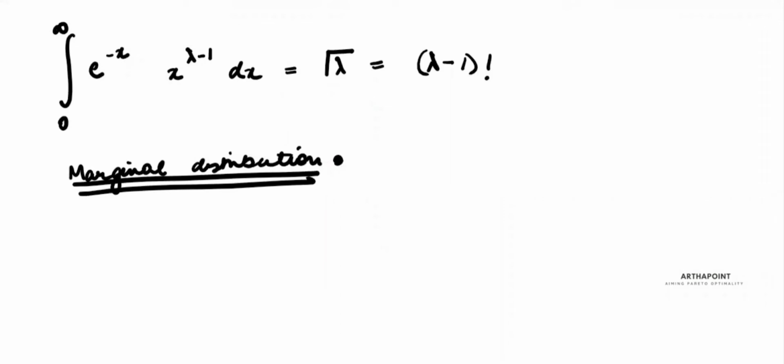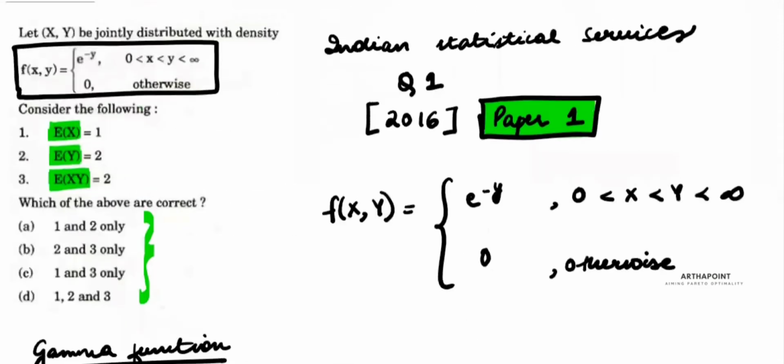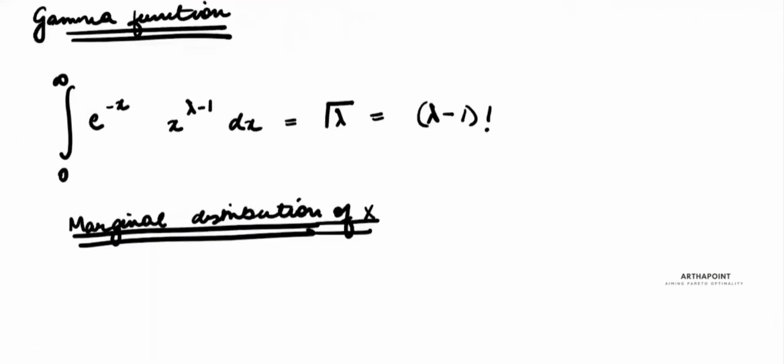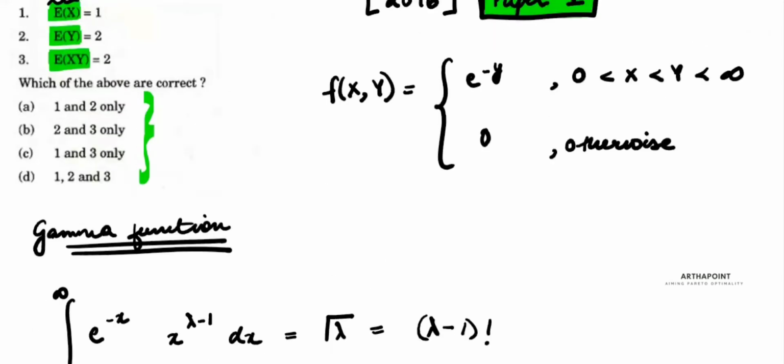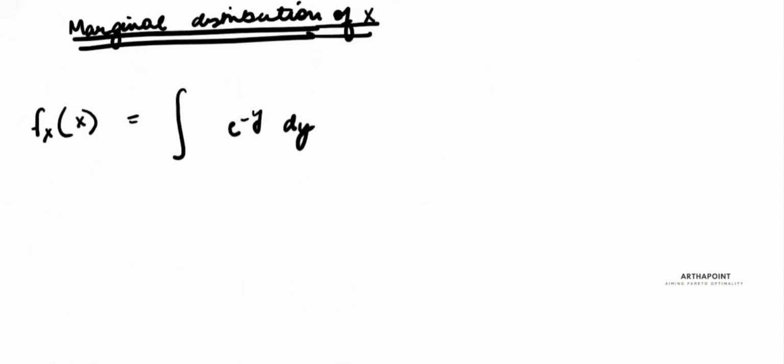Let's say I have to find the marginal distribution of x, because I am finding E of x. The marginal distribution of x will be f of x, which means I have to integrate over all values of y, and y is between x and infinity. So I'm going to integrate this from x to infinity.